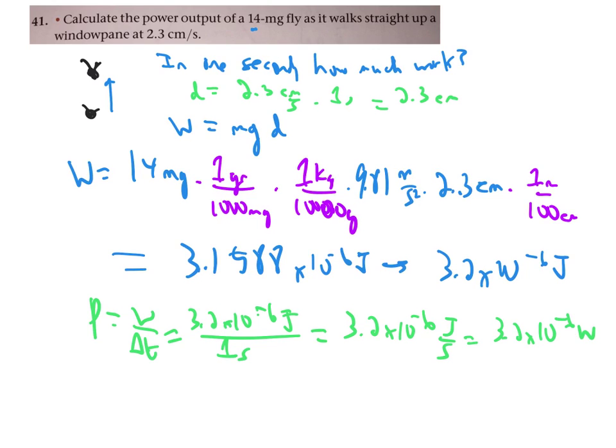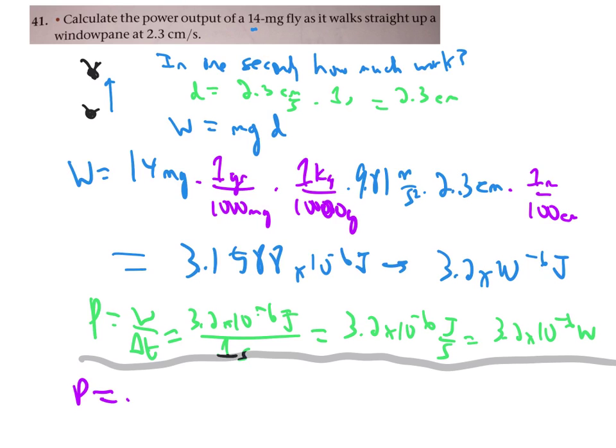You can actually get there a lot faster, and I did this deliberately not so, because the textbook does give you a formula where they just say if the force is constant and the velocity is constant, which we're sort of assuming here, then the power is just F times v.